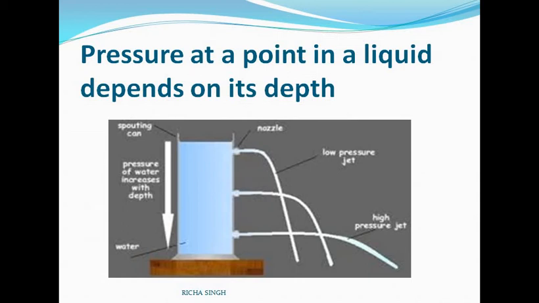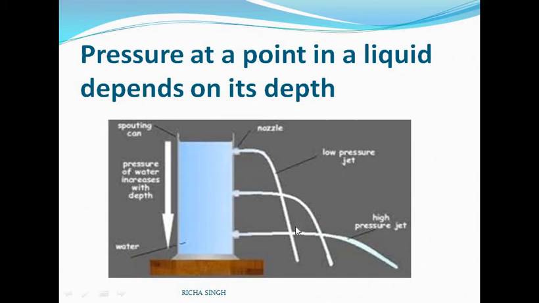Just now I told you, at same depth it will have same pressure, and at different depth it will differ. You can see here there are 3 holes in this figure in the jar. So it can be seen that from the lowest hole the water is reaching to the farthest level.